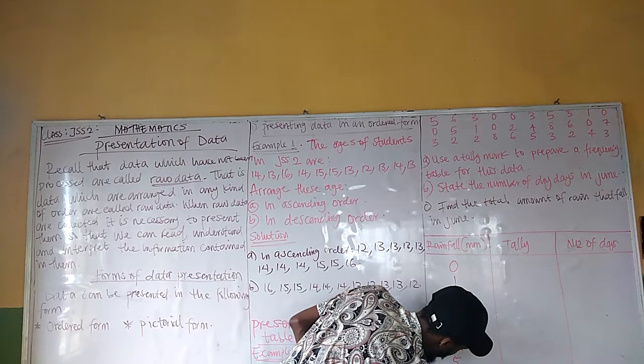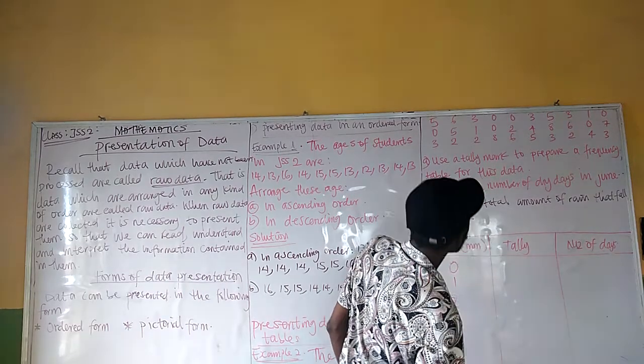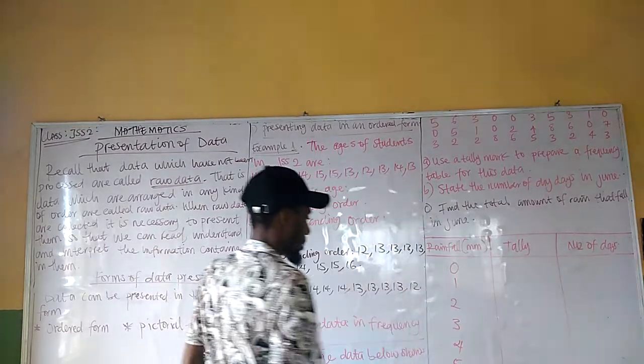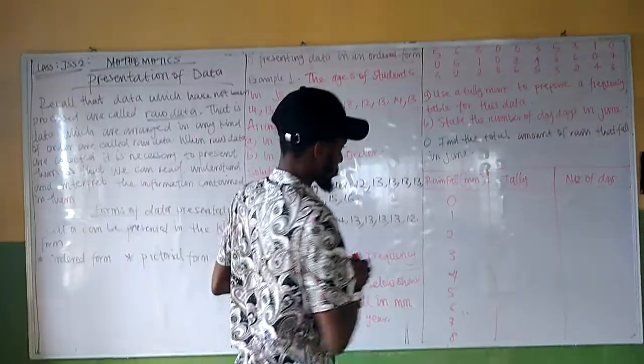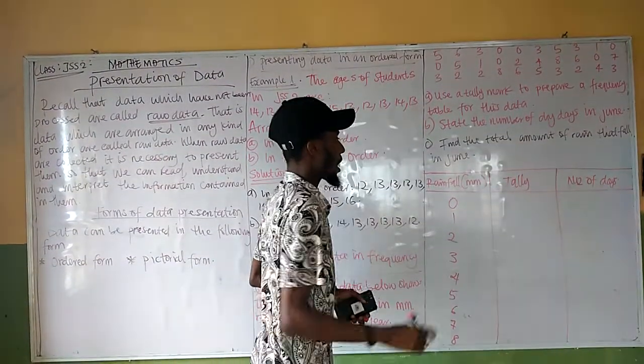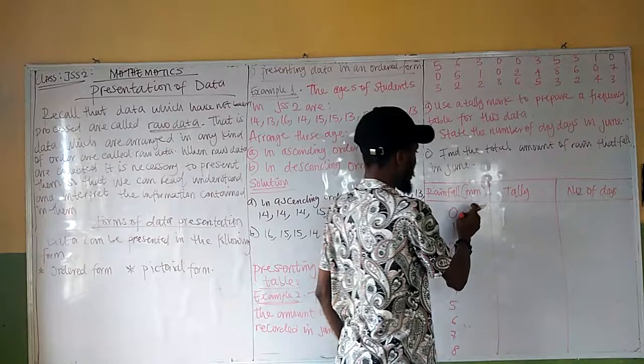So the highest rainfall there is 8. Let's stop there. So we have 0, 1, 2, 3, 4, 5, 6, 7, 8. Now let's start with the number of days.